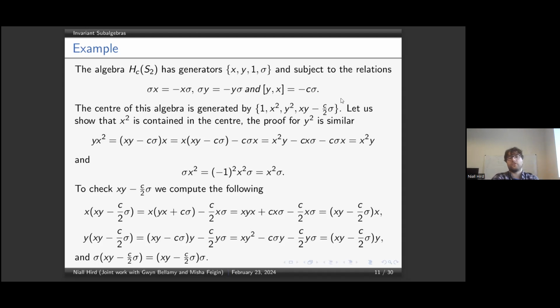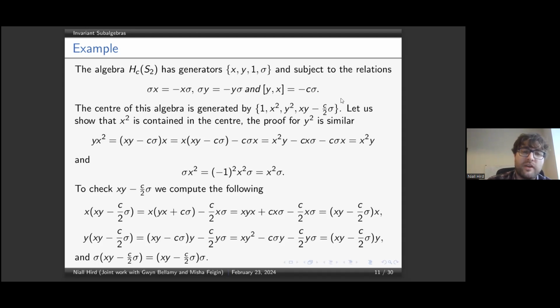Okay, so it turns out the center of this thing is generated by the elements 1, x squared, y squared, and this last term, xy minus c sigma over 2. So we just got some calculations to check that that's correct. So if you're interested, you can read them. I won't read it all out because it's a fair amount of equal signs.